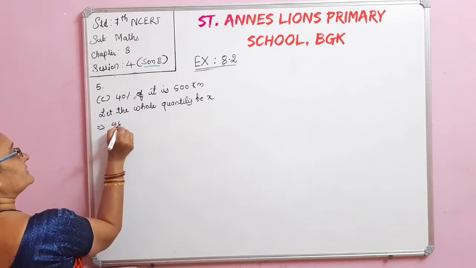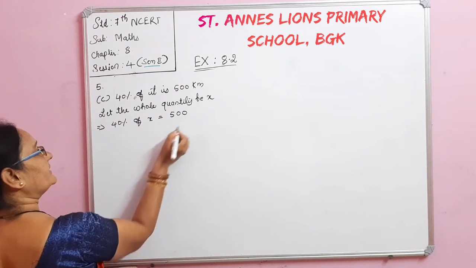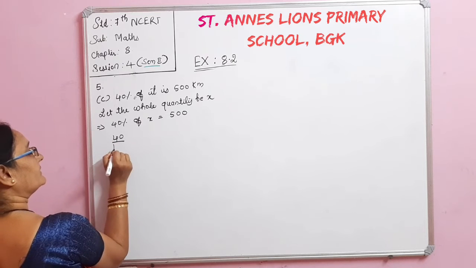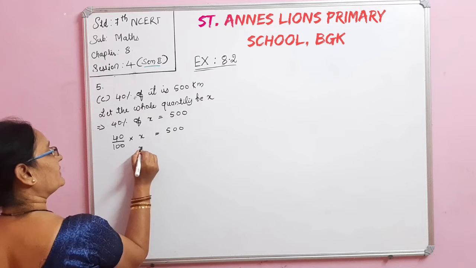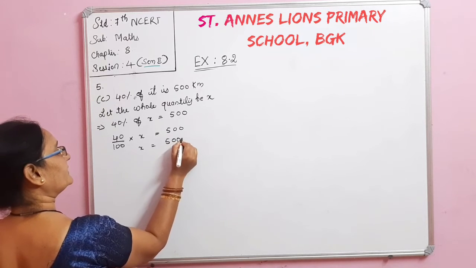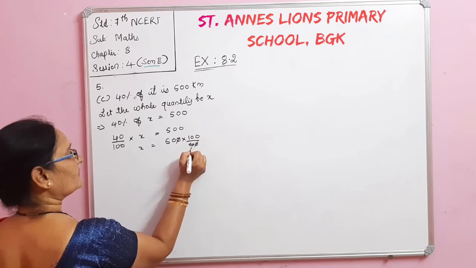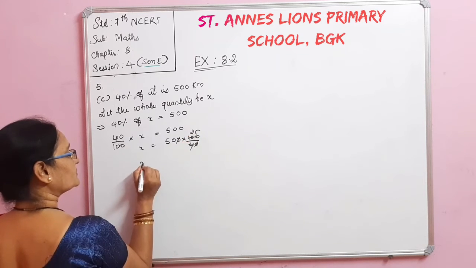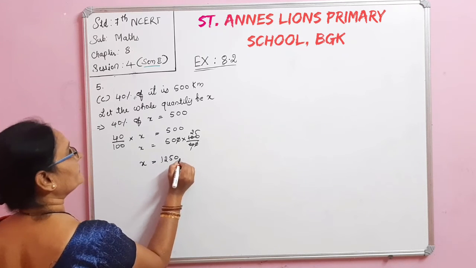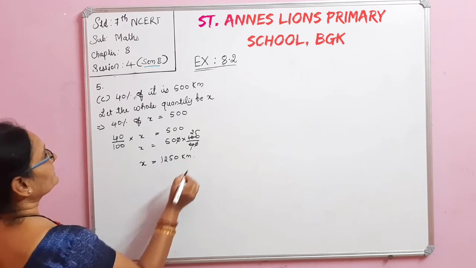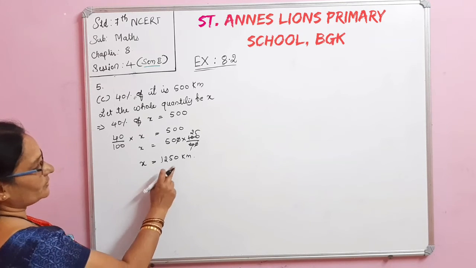So this implies that 40% of x is equal to 500. 40 by 100 into x is equal to 500. x is equal to 500 into 100 by 40. 4 ones are 4, 25s are. So x is equal to 25 5s are 125, 1250 kilometer. So x is equal to 1250 kilometer.